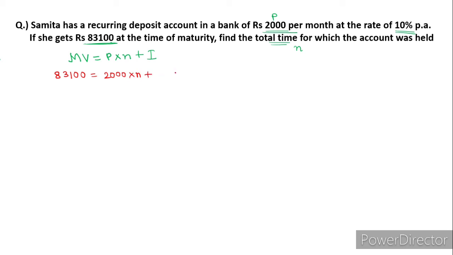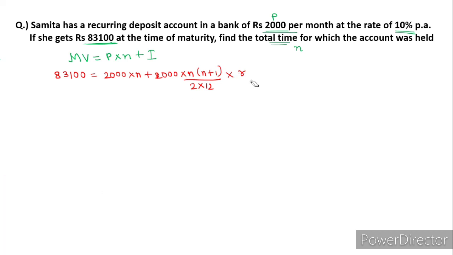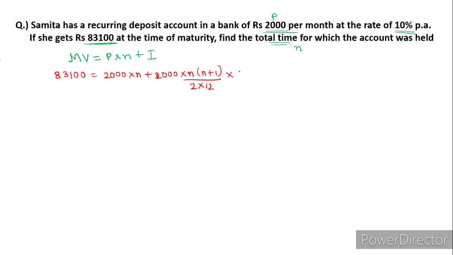Formula for interest is P into N into N plus 1 by 2 into 12 into R by 100. R is given, 10%, so I am directly putting the value. R is equal to 10% by 100. See, in this equation, you will get a quadratic. One variable is unknown, that is n. Okay, let's solve this question.